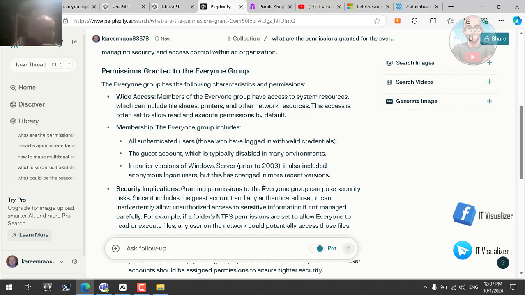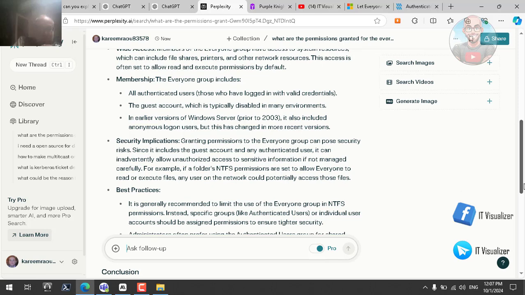Security implications: granting permissions to the Everyone group can pose security risks since it includes the guest account and any authenticated user. It can inadvertently allow unauthorized access to sensitive information if not managed carefully. For example, if a folder's NTFS permissions are set to allow Everyone to read or execute files, any user on the network could potentially access those files.